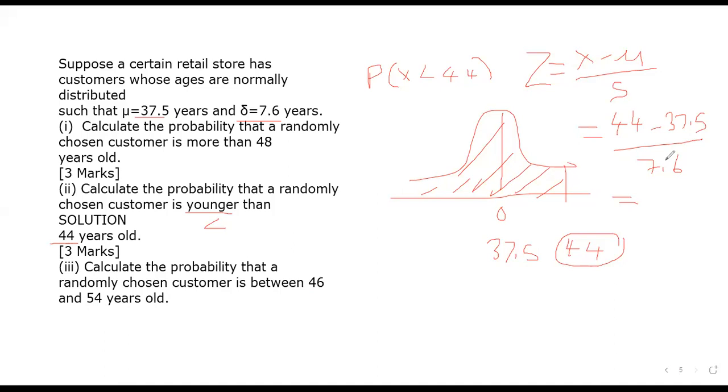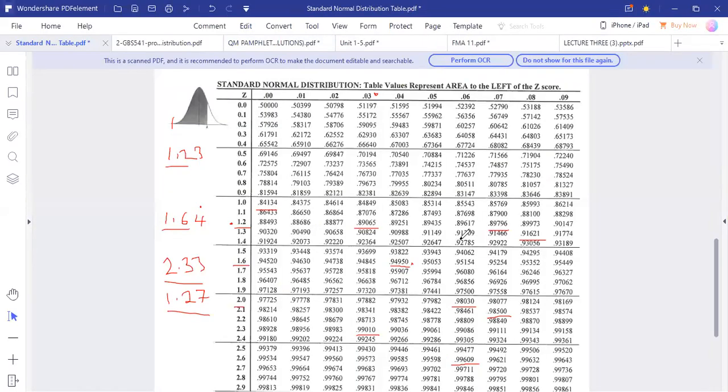0.855. You round off to the nearest 2 decimal places so that you read it properly: 0.86. So when we go to the table, what is the reading for 0.86? We go under 0.8 and under 6.